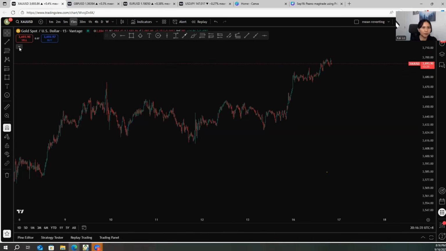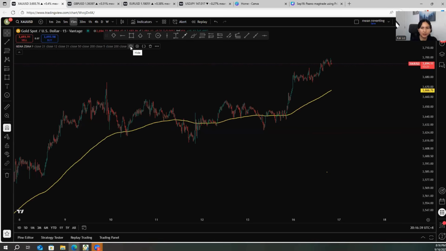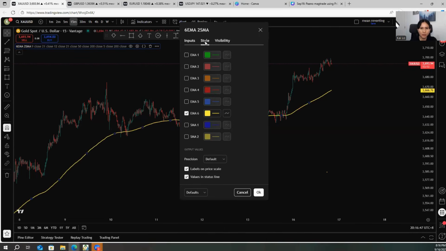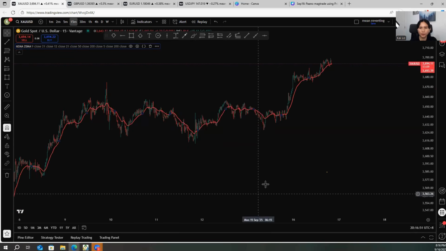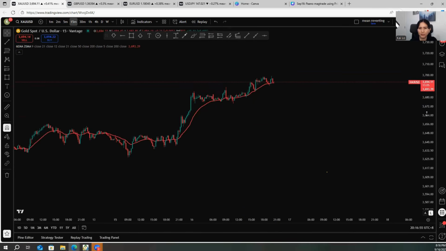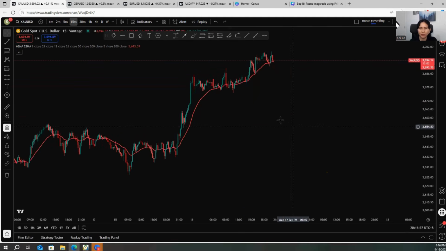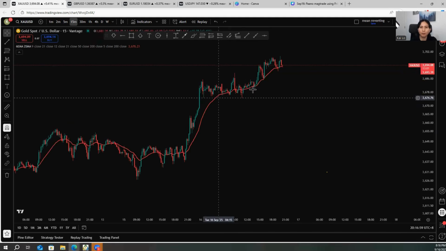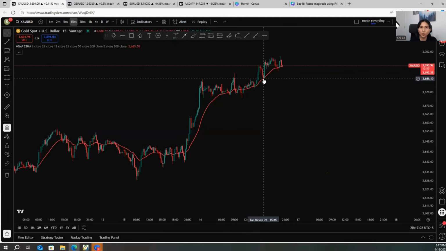Walang indicator. If we put in, let's just say, here, this is a 200, tama ba? Let me check. Ito na lang, 20 EMA. Okay, 20 EMA, okay? So if we rely on the 20 exponential moving average, medyo late na tayo, okay?